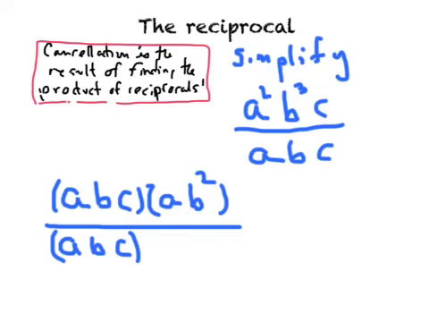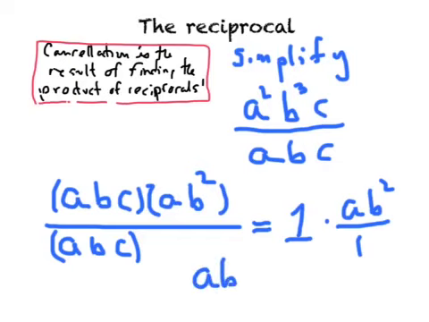That means the denominator is the reciprocal of the numerator, which means that this ratio of abc divided by abc is equal to 1 times ab squared over 1. Or the whole thing really ends up just being ab squared. And that is how and why cancellation happens.